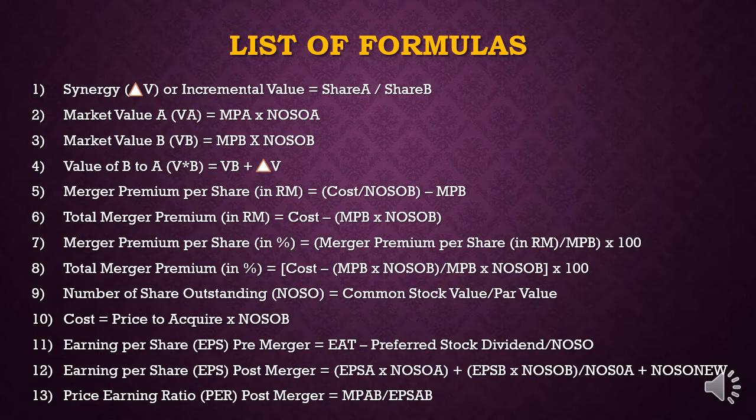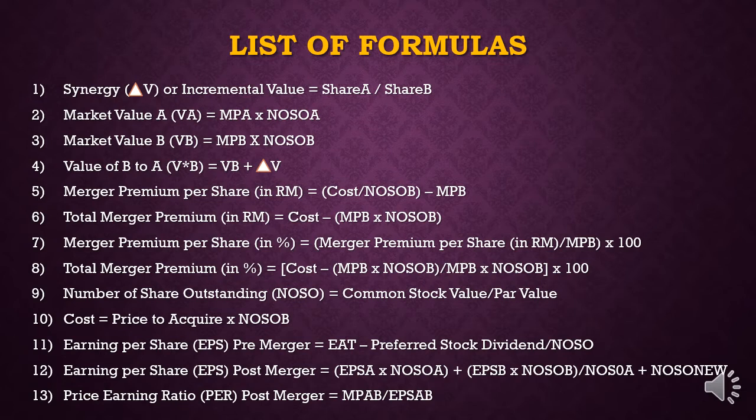The fourth formula is regarding value of B to A, which is V star B, and the formula is equal to VB, represented by market value for B company, plus the synergy.